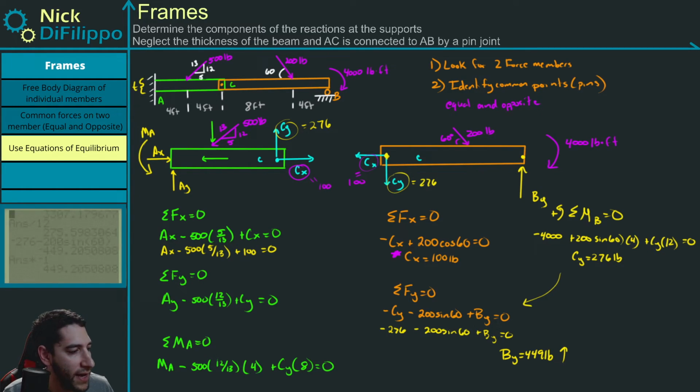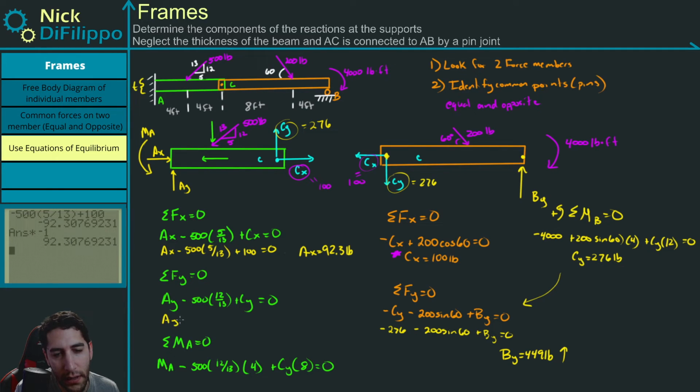Let's solve this for AX. And we get AX is equal to 92.3 pounds. All right, we'll figure out what AY is.